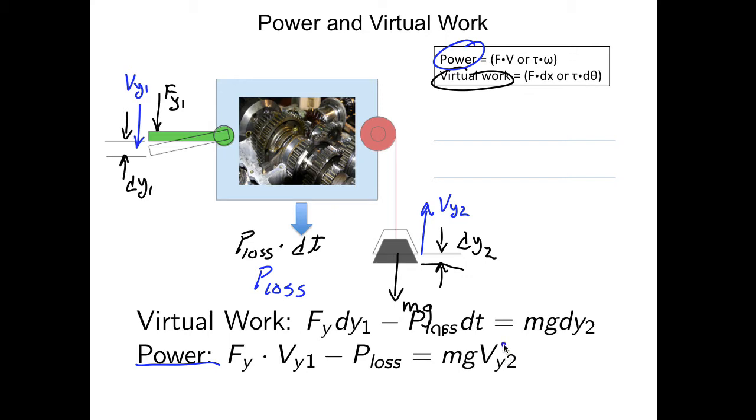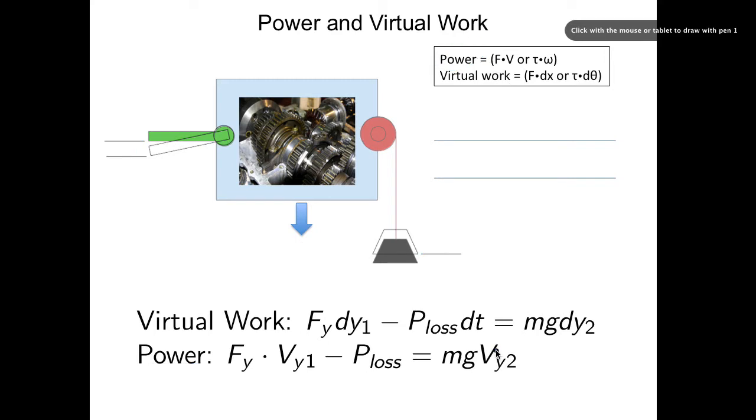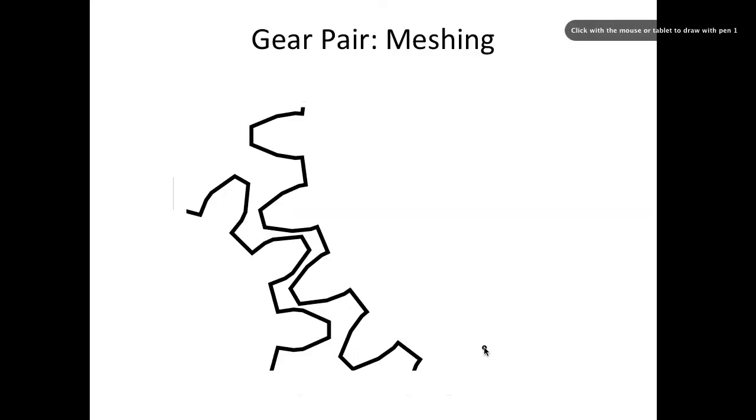So let's take these ideas and use them in the case of a transmission. What I'm going to do is look at the case of a gear where we have two gears meshing, and we have work being done with a force acting upon this second gear. I'll call this second gear gear 2.